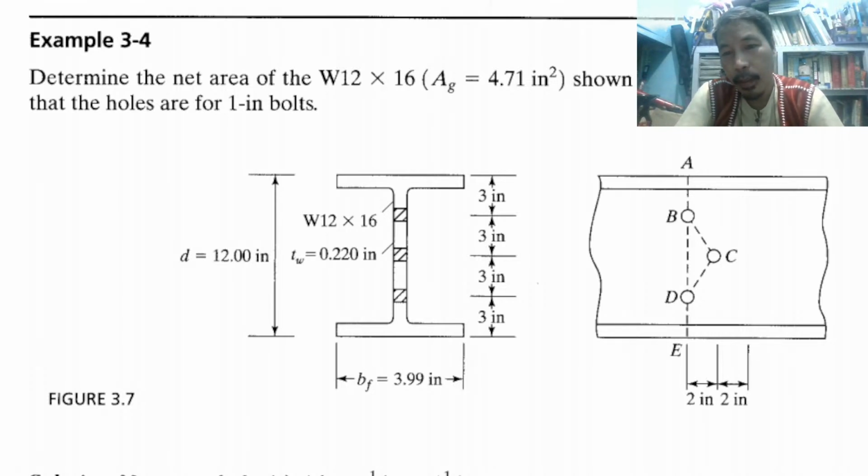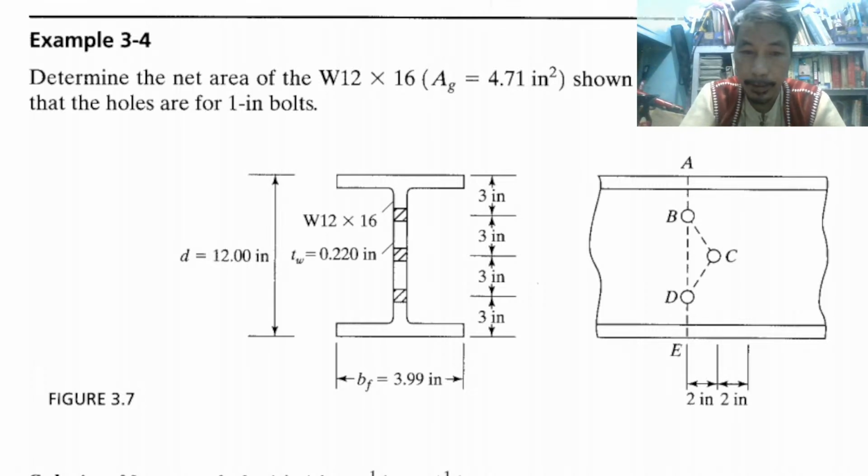However, since we are limited by the current question at hand, we are given W12 by 16, and if you take a look at the table, the gross cross-sectional area of this specific section, W12 by 16, you will find out.